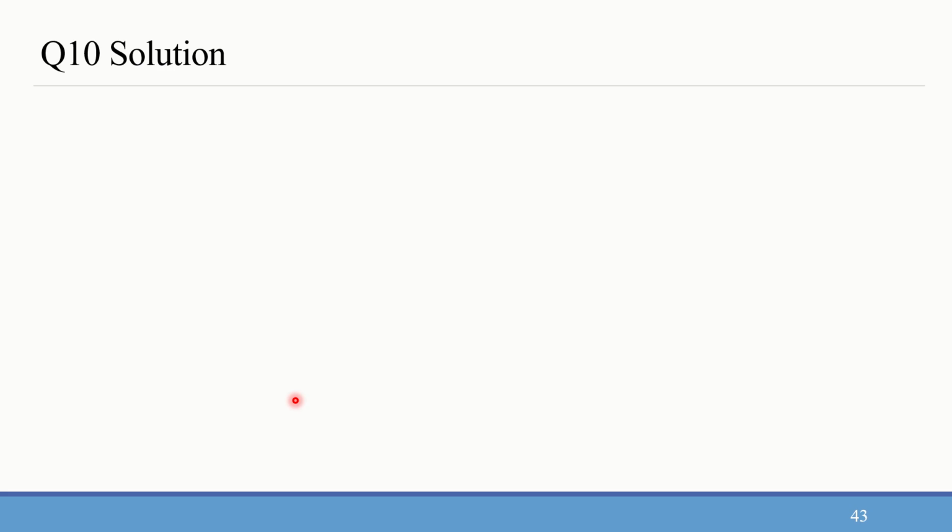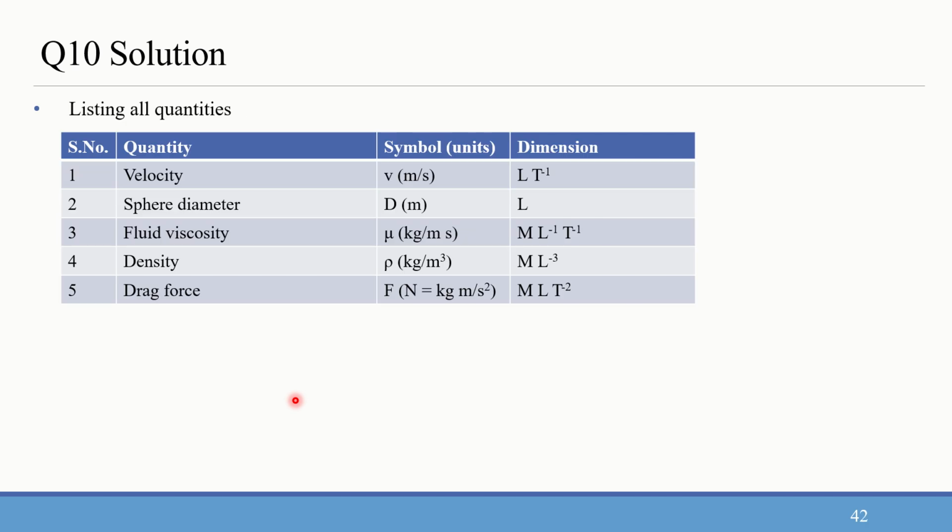Now what have we got to do? We have to identify the number of pi groups using the Buckingham pi theorem. The number of variables here is 5.